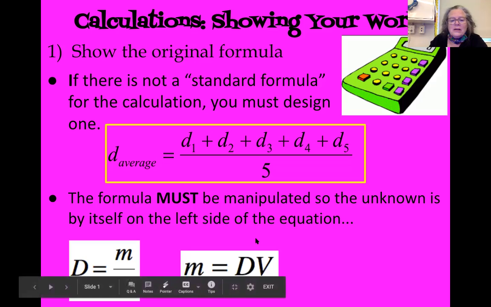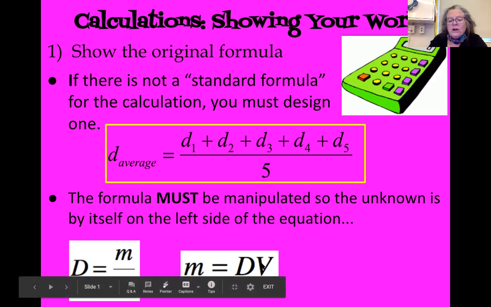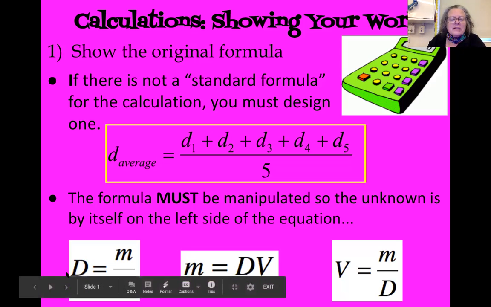So I am going to get mass is equal to density times volume. And if I wanted to solve for volume, I'm going to have volume equals mass over density. So this is how they have to be set up because this is the thing you're solving for and it's on the left side of the equation, right?